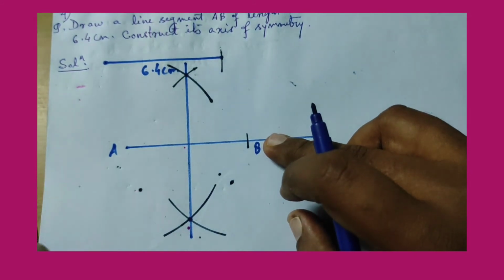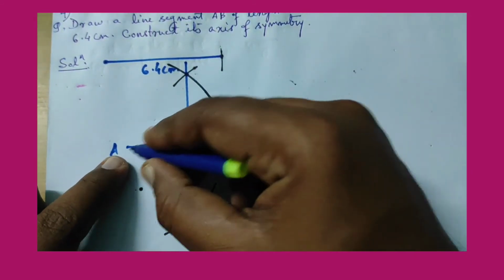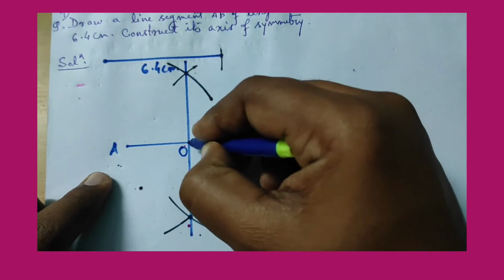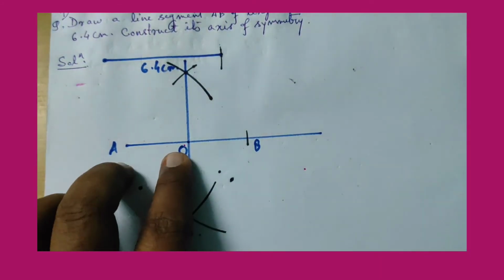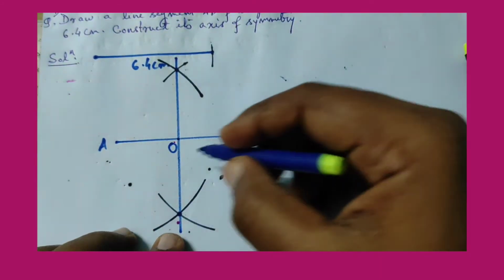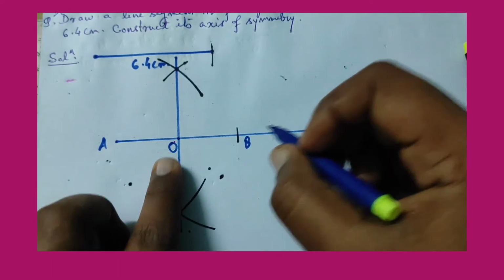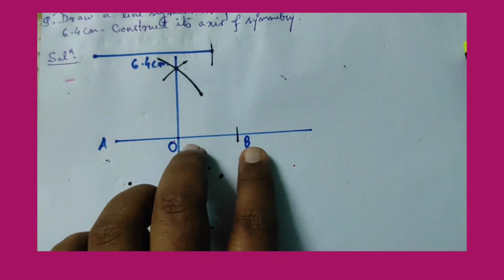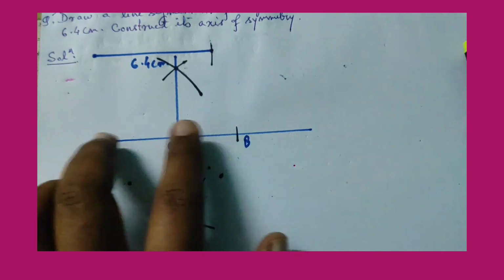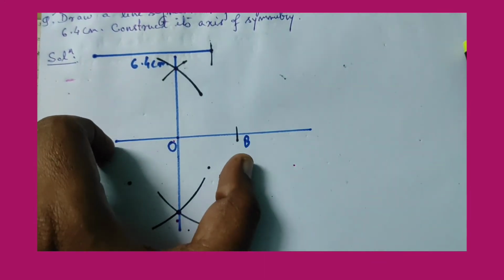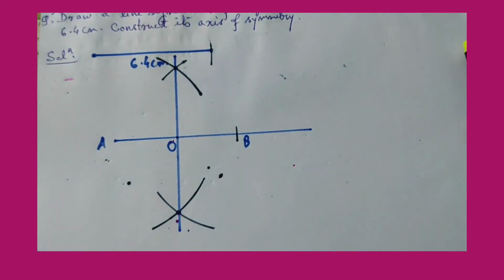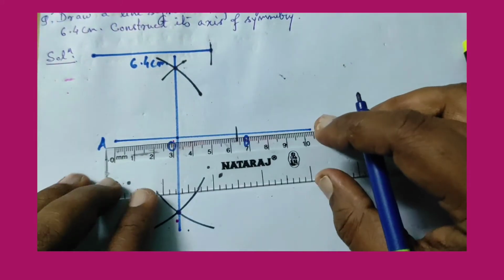So which are the two equal parts? If I give the name O to this point, then AO is one part and the other part is OB. Okay, so AO and OB are the two symmetrical parts of the entire line segment AB. And if we measure the length of AO, let us measure it.